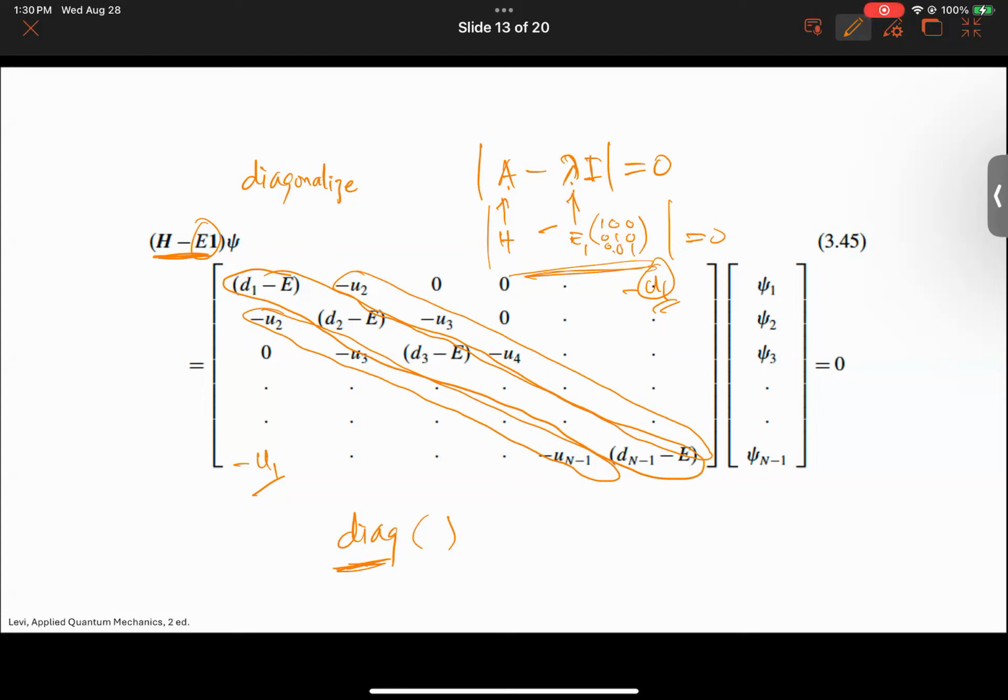Actually, I will send you two files, but the diagonalization happens in the file solve SCH Schrödinger equation matrix dot m. There you will see how the diagonal elements and the off-diagonal elements are set up, and how the matrix is diagonalized to get the eigenvalues and the eigenfunctions.